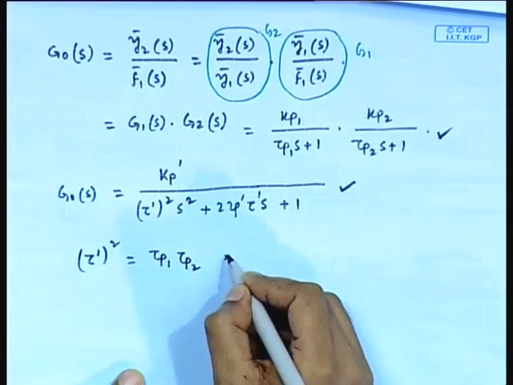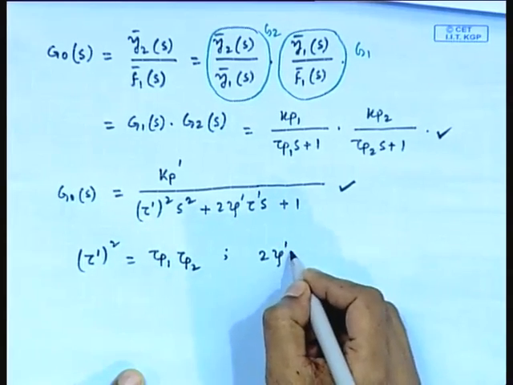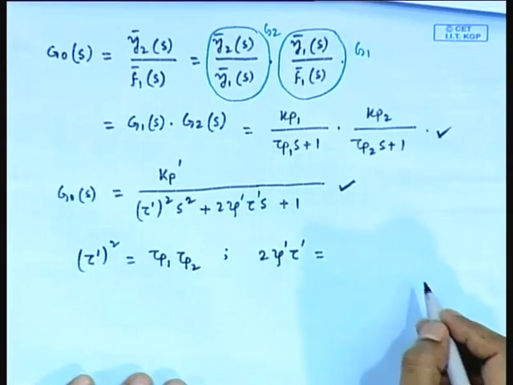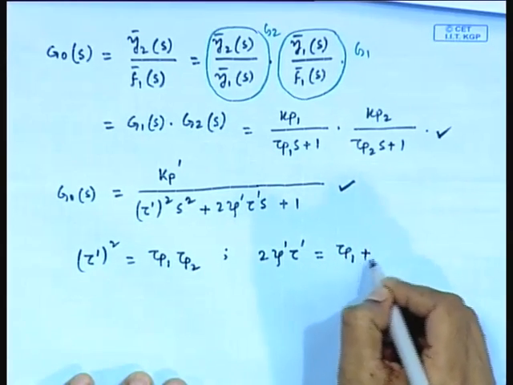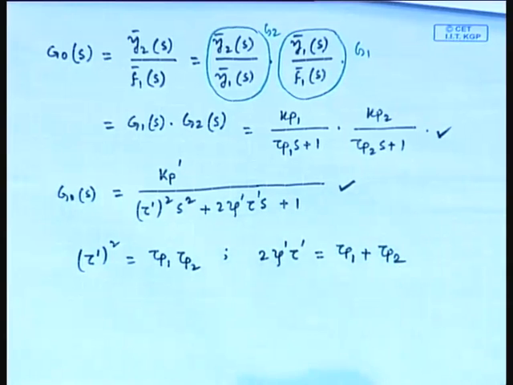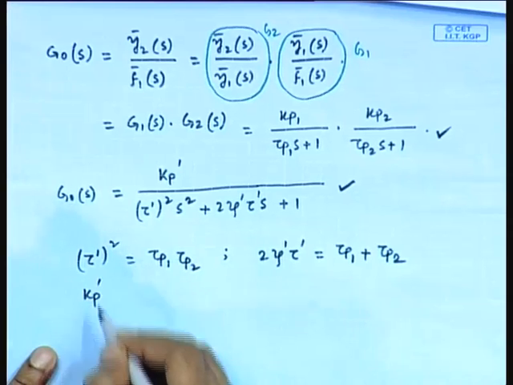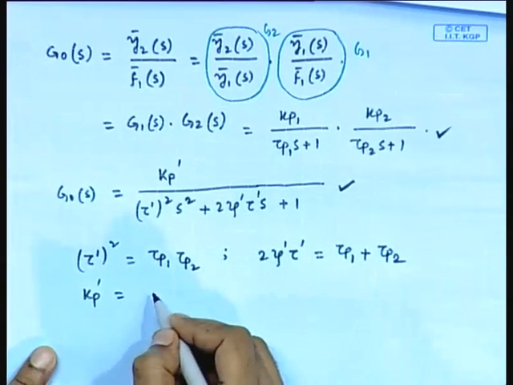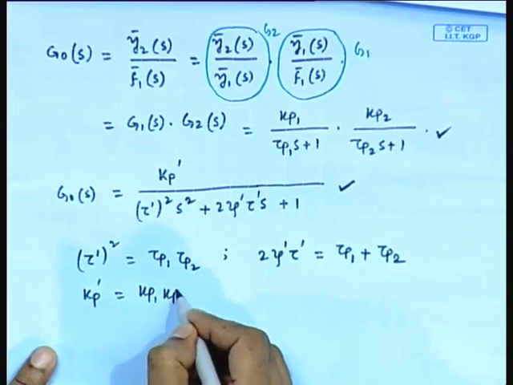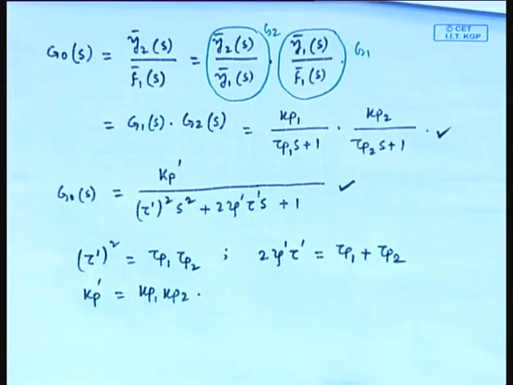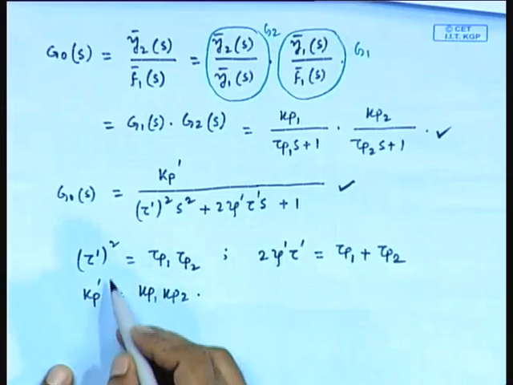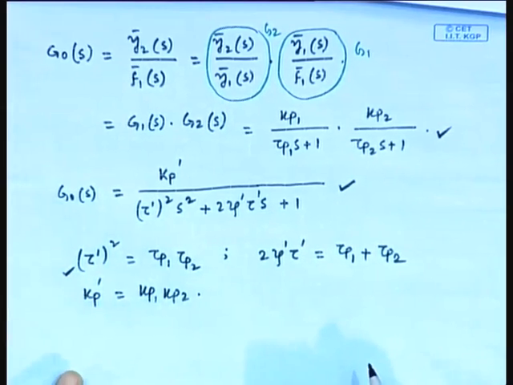Fine. And 2 zeta prime tau prime equals tau p1 plus tau p2, and third term, that is Kp prime, equals Kp1 Kp2. So, this is the tau prime expression, this is the expression for 2 zeta prime tau prime, and this is the expression for Kp prime.